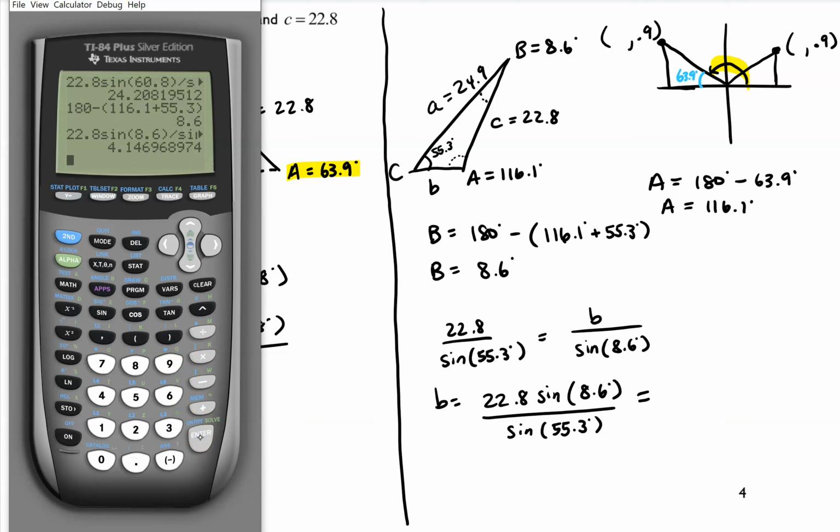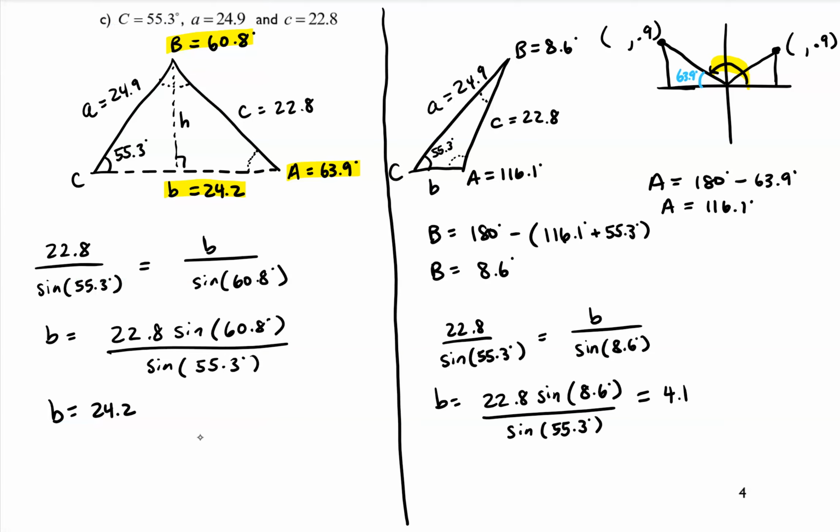And we get 4.1, which seems like a reasonable answer since we solved for the angle B and it was a smaller angle, so our lowercase b side length is going to be a smaller number. So b equals 4.1, and we solved for capital A, capital B, and lowercase b. So that concludes this example.